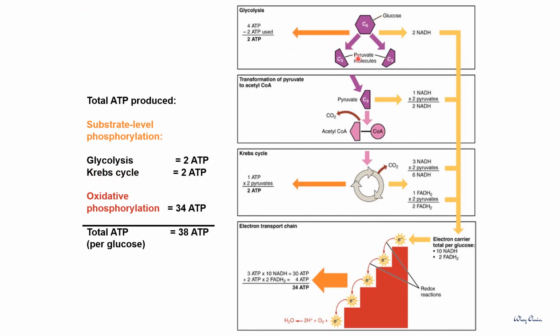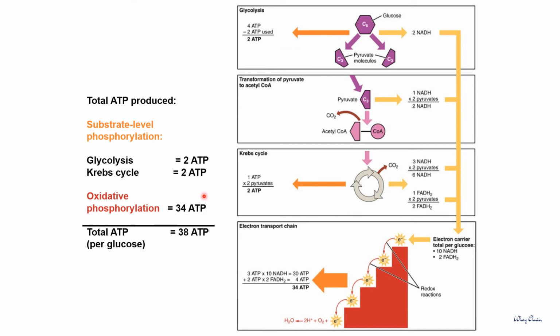In the glycolysis stage, one glucose is able to produce 4 ATP through substrate level phosphorylation. But at the beginning of glycolysis, which is the energy investment phase, 2 ATP are used. That's why there are only 2 net ATP produced during glycolysis. And another 2 ATP are produced during the Krebs cycle, where the succinyl coenzyme A is converted into succinate.